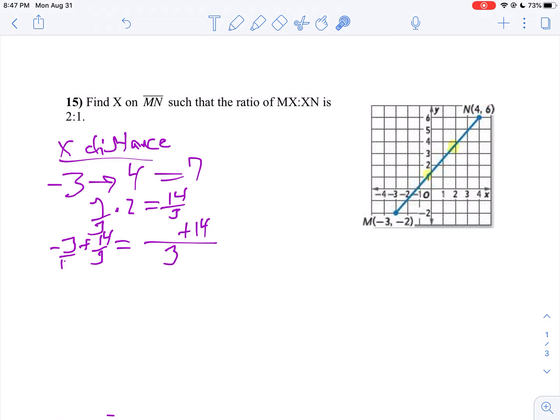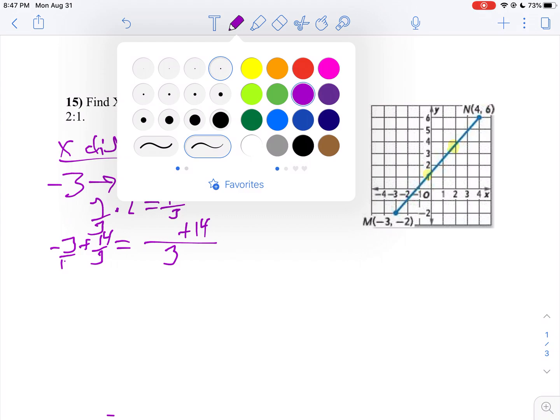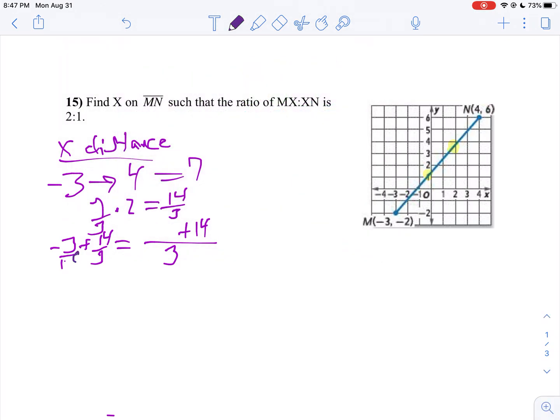But we'd have to multiply 1 times 3 to get 3. So if I multiply the denominator by 3, we have to multiply the numerator by 3. So -3 times 3 would be -9. Well, -9 plus 14, that would be 5/3.